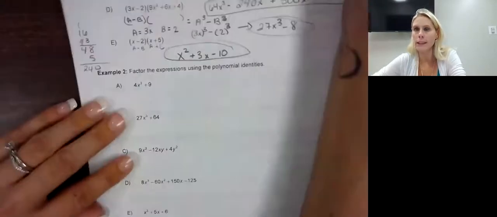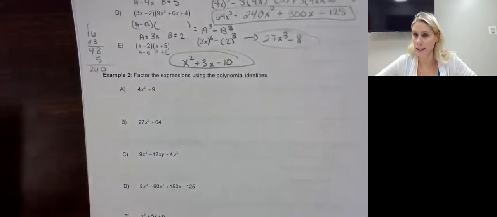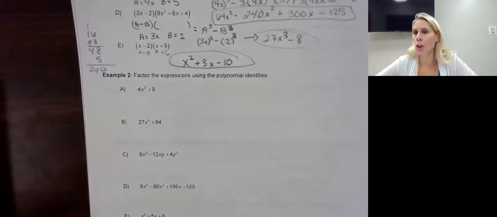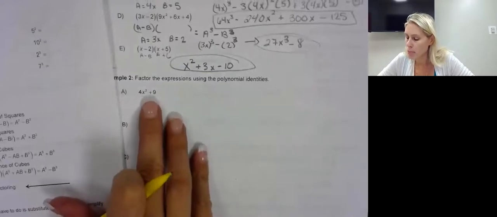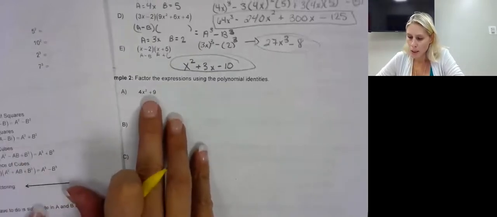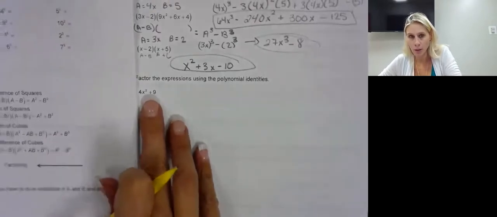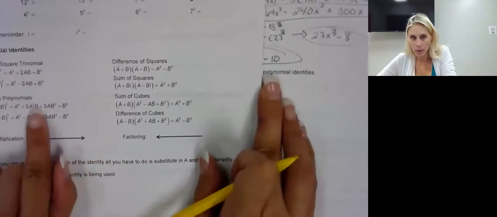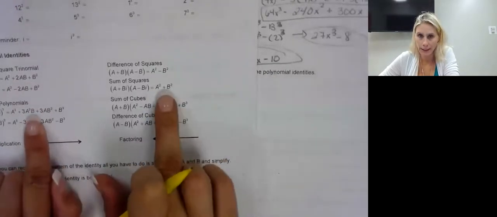Okay, let's go backwards. Now remember, when we're identifying the polynomial identity, you want to make sure you're looking at the right side first. So we're looking at something like an A plus B. A plus B. So we on the right side here. So right here, no A plus B, no A plus B, A plus B right here. You guys see that?